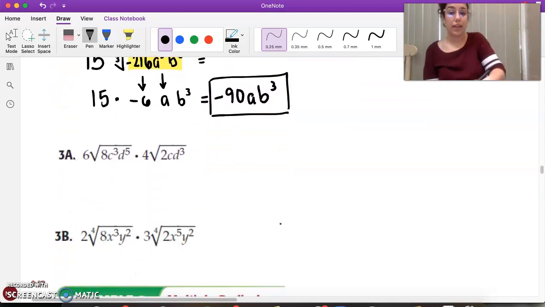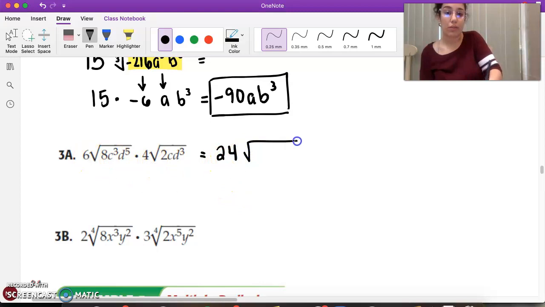Let's try another one together. So we are going to do 6 times 4, which is 24. That is the first thing, 6 times 4. Then you have the square root of 8 times 2, 16. c cubed times c, c to the fourth, and then d to the eighth.